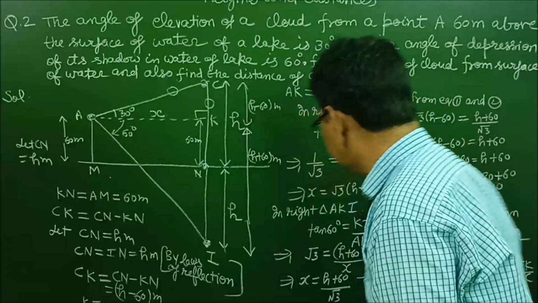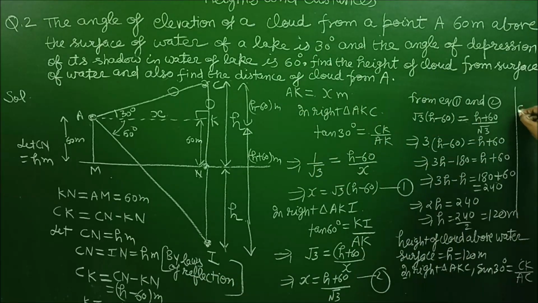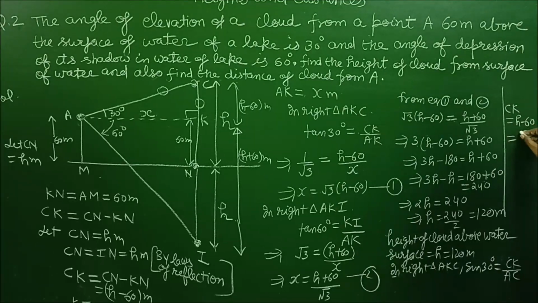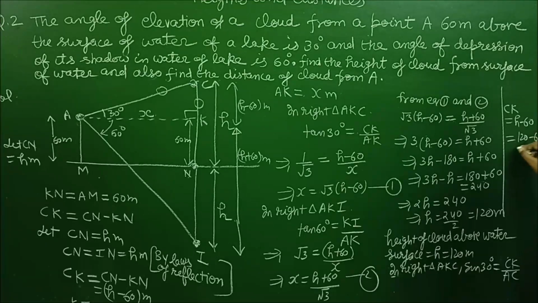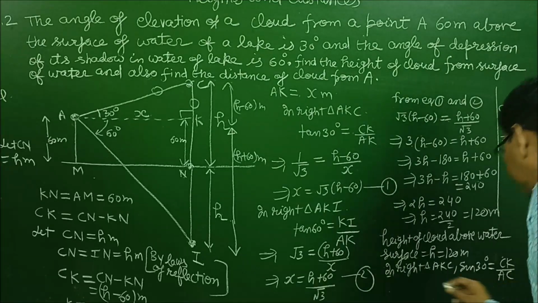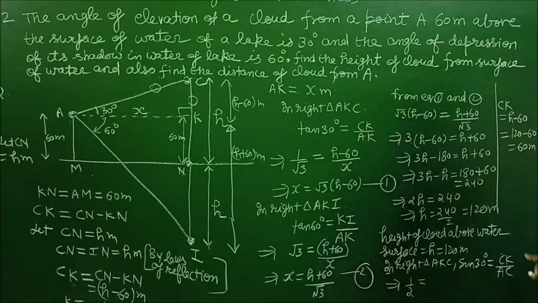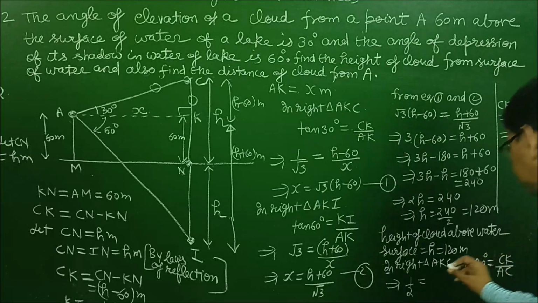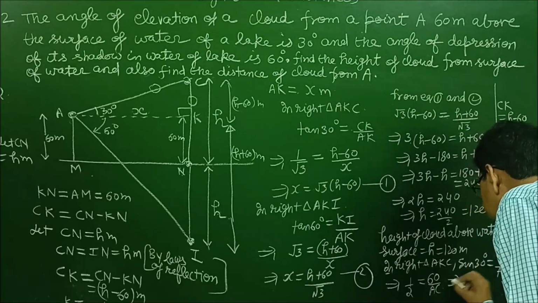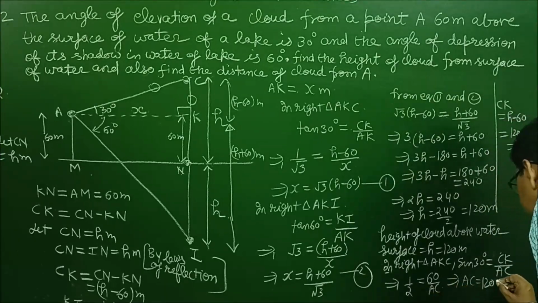CK is h minus 60, so CK will be equal to h minus 60, that is 120 minus 60, which is equal to 60 meter. So we have got the value of CK. Sin 30 is 1 upon 2, which is equal to CK, the value of CK is 60, upon AC. So AC is equal to 120, 60 into 2, 120.